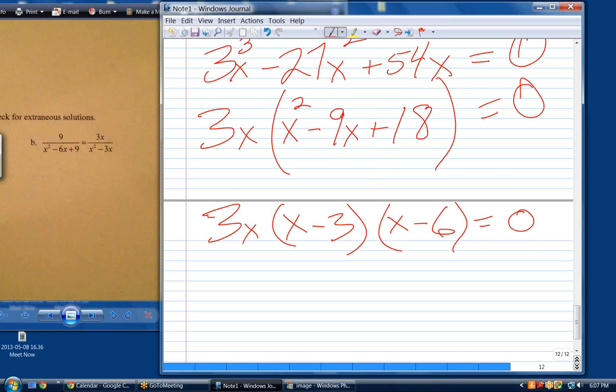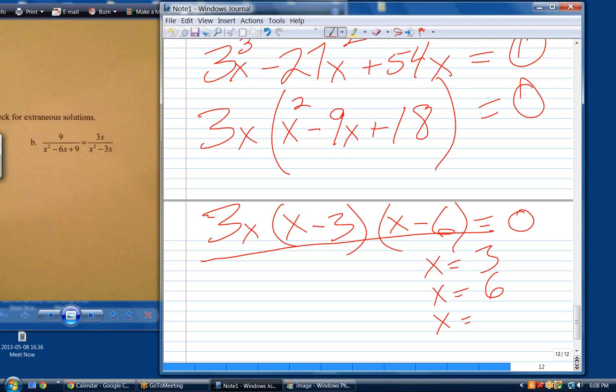So what are my solutions? There should be 3 of them, because we started with a cubic. So it'd be x equals 3, x equals 6, and then, you have three factors multiplied together that are equal to 0.